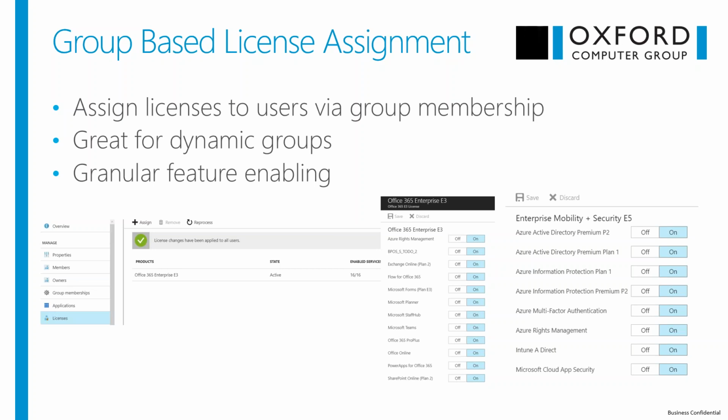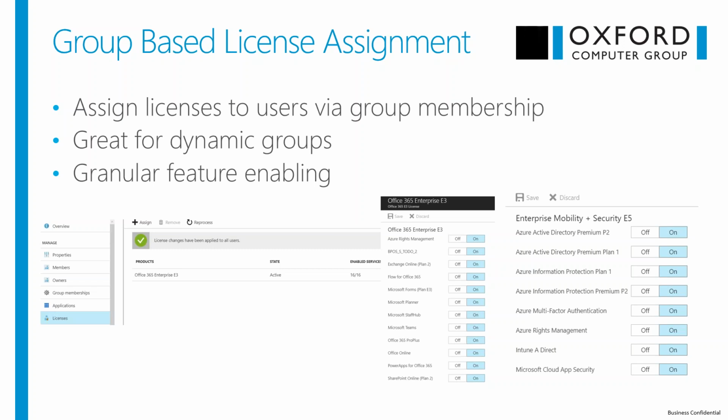Within that PowerShell script, there may have been different logic parameters that we might have been checking. So some users in this department get this type of license, and depending on how granular it was, it made the PowerShell script super long. So now they've brought group-based license assignment into Azure Active Directory.